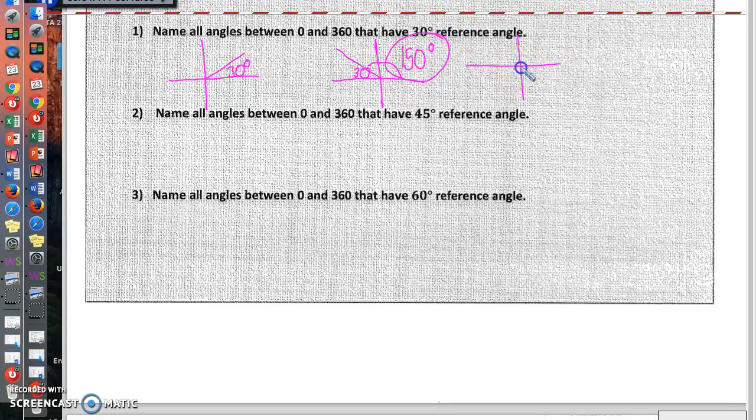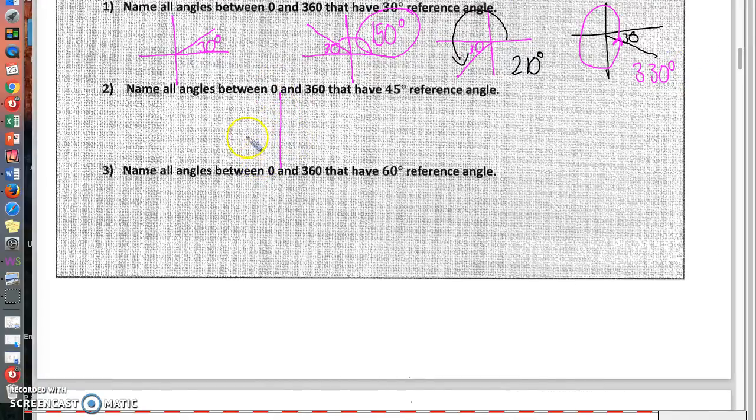If we have it down here, if this is 30 degrees, what is the entire angle? Well, that would be 180 plus 30, so that's 210. And then our last one, if we know that this is 30, we're asked for all the way around here. Well, that's 360 minus 30, or 330 degrees.